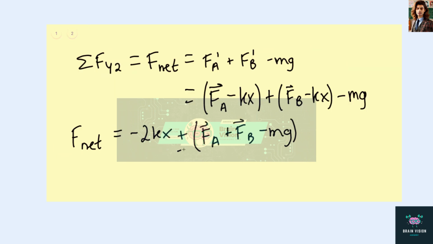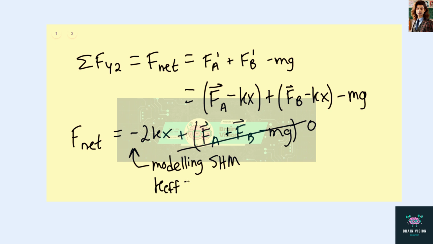So we can actually eliminate this entire term and just say this is going to be equal to 0. So again, F net is going to be equal to negative 2kx. This is modeling simple harmonic motion with an effective spring constant, k effective, equaling 2k.